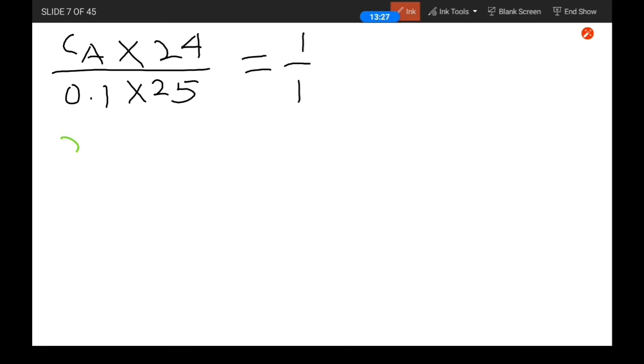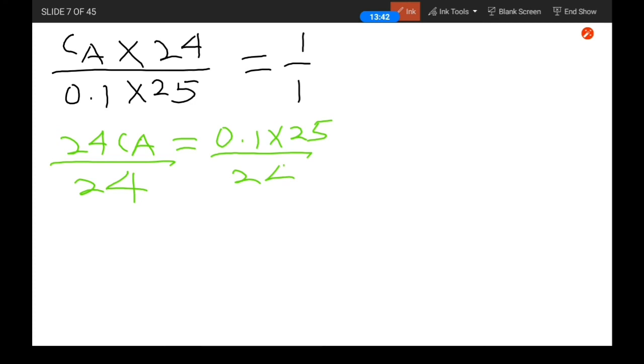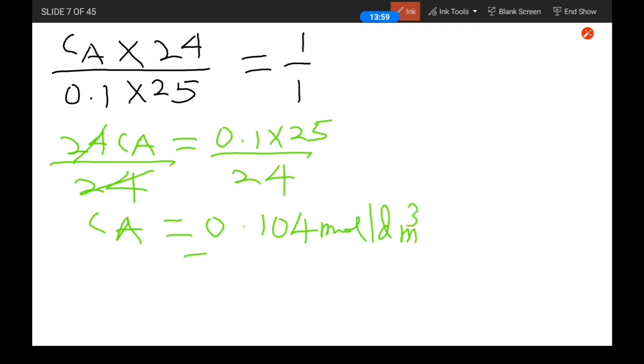That becomes 24 Ca equals, if you cross multiply, 0.1 times 25. So divide both sides by 24, such that we have Ca equals 0.104 moles per dm cube. So that is the molar conc of the acid in moles per dm cube.